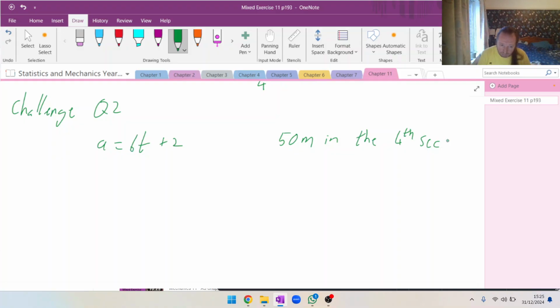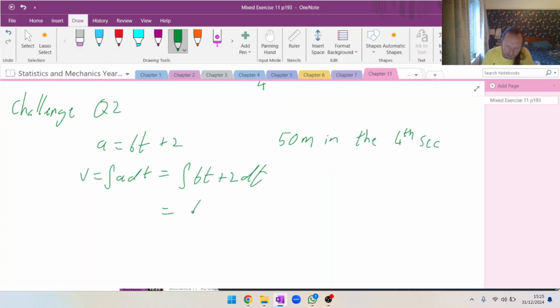Okay, well that's an interesting one, isn't it? So we've got the acceleration. Let's go find the velocity first. The velocity of this particle is going to be the integral of the acceleration, the integral of 6t plus 2 dt.